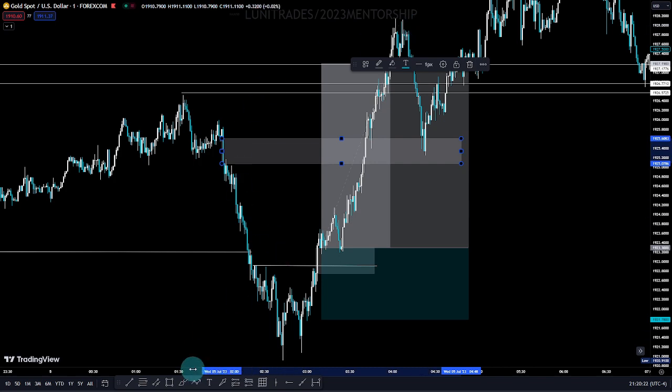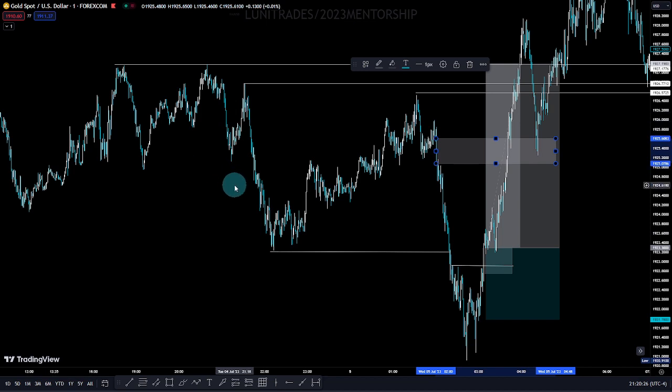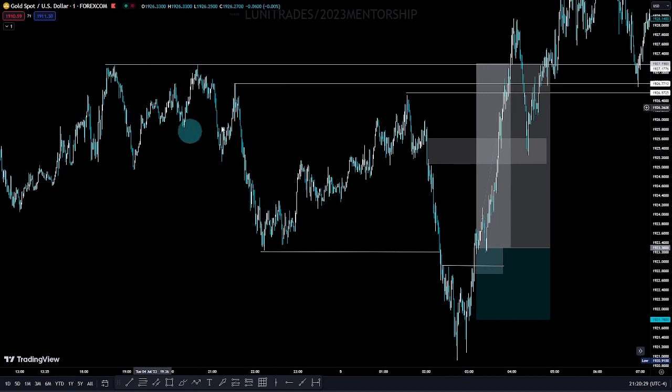But for me, I wouldn't take partials if I'm seeing a low resistant liquidity run on here. You understand? I won't take partials. I will just wait for price to get there because I know there's a high chance of price getting there.